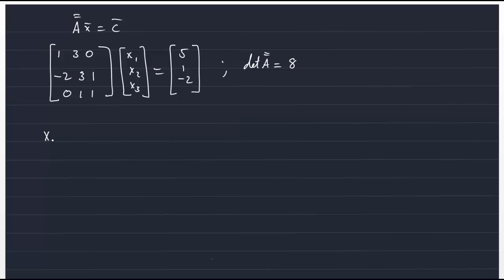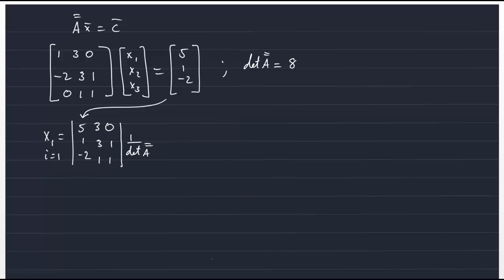So to solve for x1, here I is equal to 1, we take the determinant of this matrix, but with the first column replaced by C. So the first column is 5, 1, minus 2, and then the rest of the matrix is unchanged. And we take the determinant of that. So we've inserted in the first column the C matrix, and then we need to divide that by A.